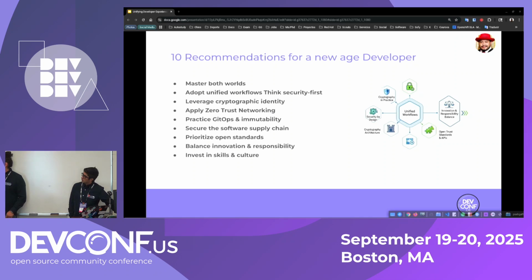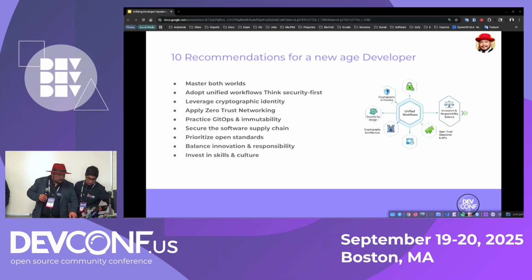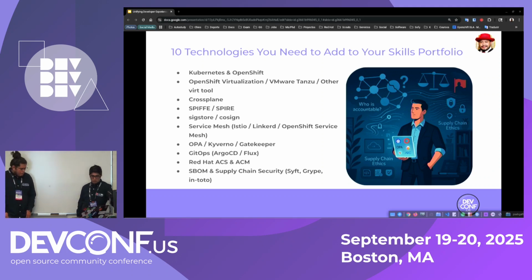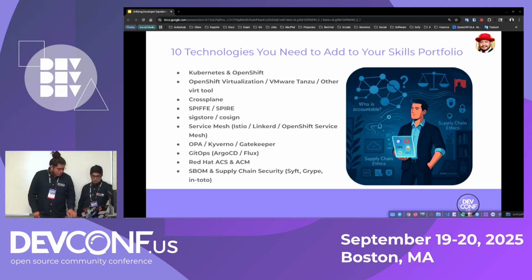Start thinking about security. Prioritize standards. Standards are the big recommendation, and balance innovation and stability. And we mentioned here the 10 technologies that we recommend using for all of your new era deployments.